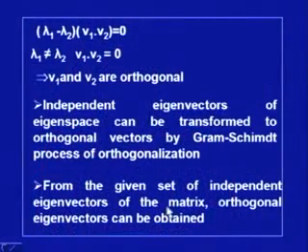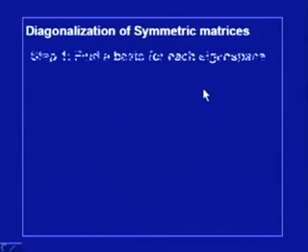So, from the given set of independent eigenvectors of the matrix, we can get orthogonal eigenvectors, and then we can make them orthonormal also. And this gives us a method for diagonalization of a symmetric matrix.